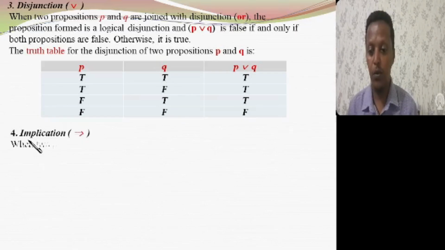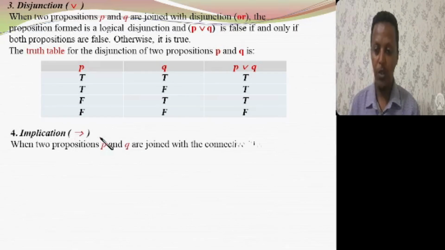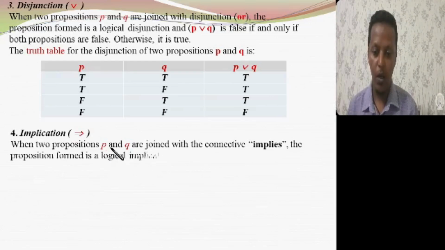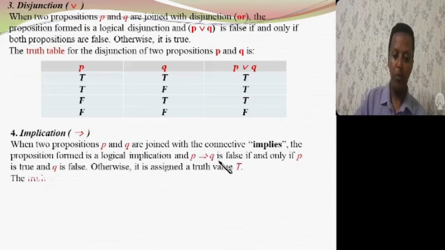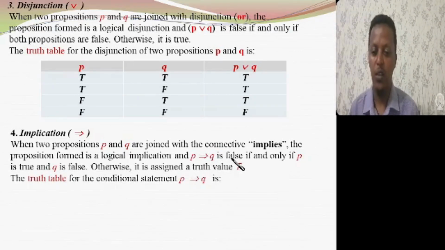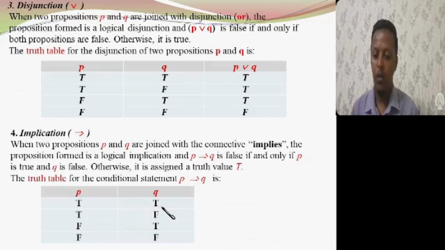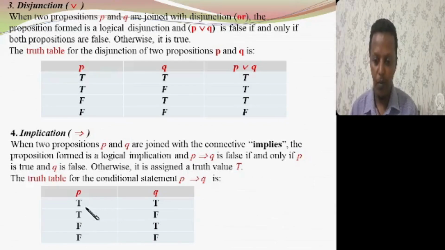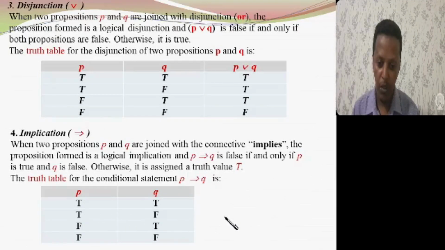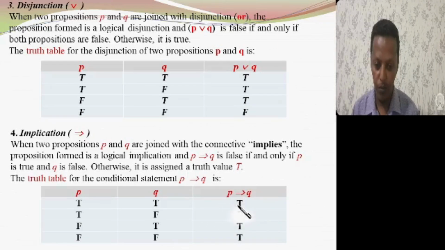Now the fourth, implication. P implies Q. A logical implication P implies Q is false when P is true and Q is false. This is a little bit tricky to remember. When P is true and Q is false, true implies false is false, otherwise it is true.